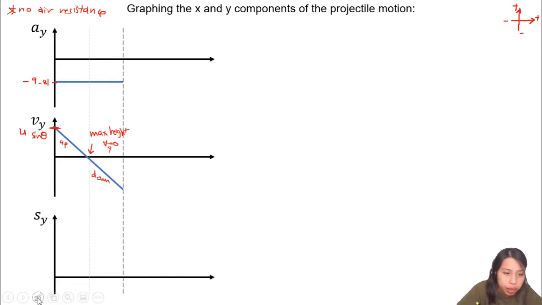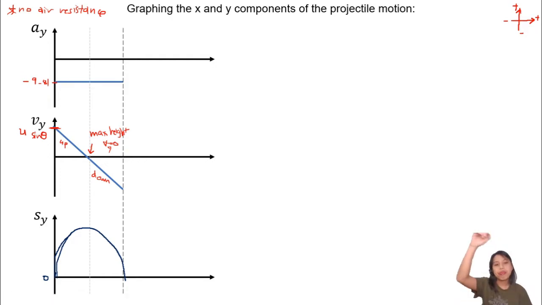So let me do a manual draw. I have to draw something of a quadratic like that. Something like this. Assuming that I define 0 displacement as the ground or the lowest point, then I throw the ball up, highest point, comes down.